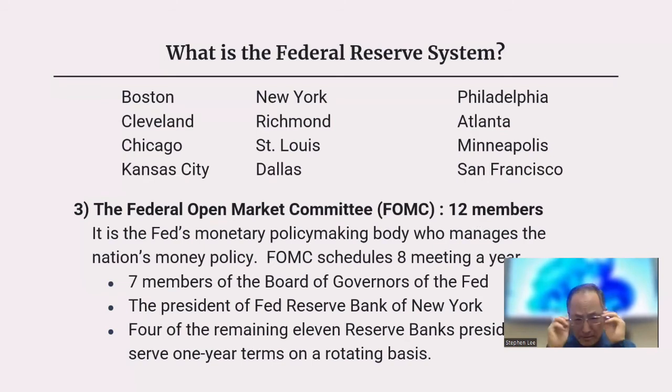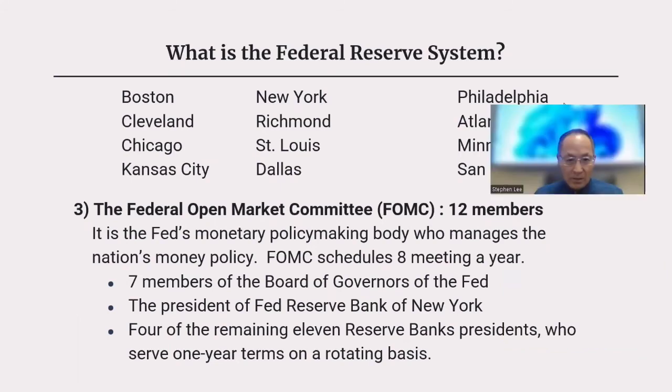Sometimes it is hard to imagine that only 12 people can control the whole world economy in a sense, because they are the most powerful organization in the US and perhaps in the world. It is the Fed's monetary policy making body, which manages the nation's money policy.